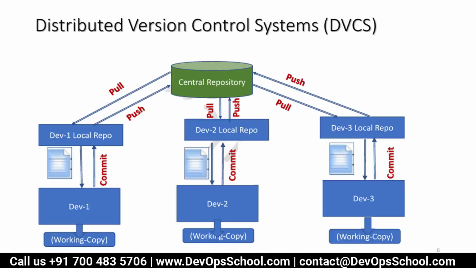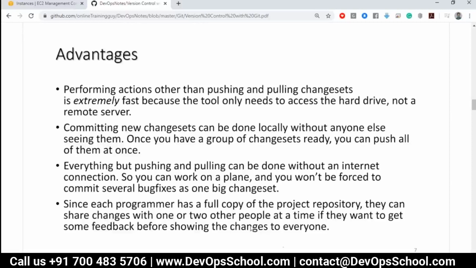So multiple things you can do as one change set, and you can push it to the central repository. Since each programmer has a full copy of the project repository, they can share the changes with one or two other people at a time if they want to get some feedback before showing the changes to everyone.